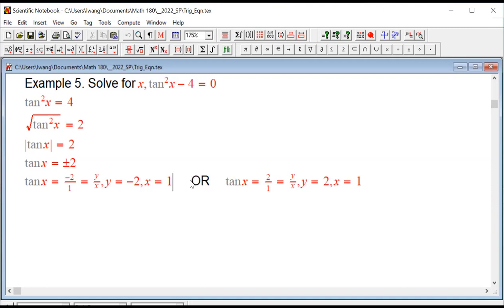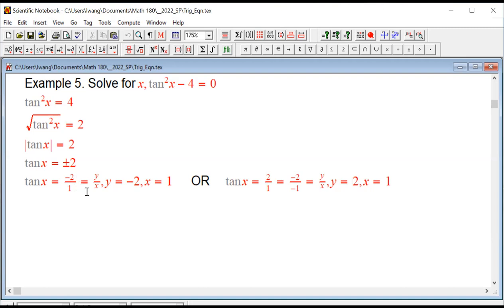Now the situation gets more interesting. For this case, you have a ratio 2. It could also be negative 2 over negative 1. So your y can be positive 2 or negative 2, and x can be positive or negative.